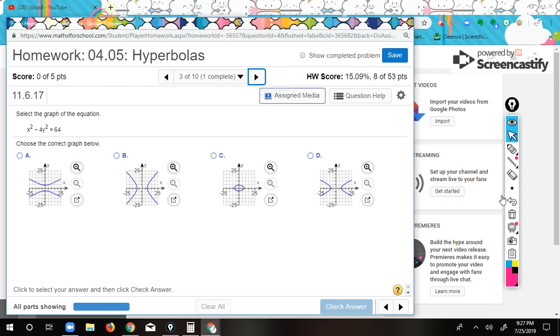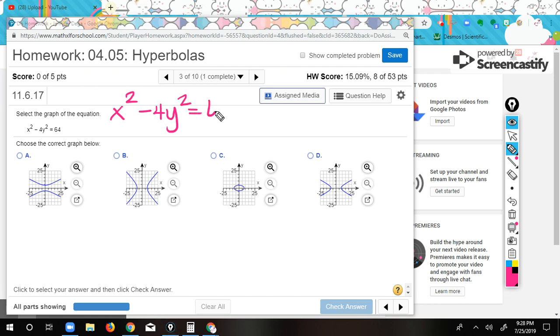All right, same deal. We're going to see the graph of this equation. Now, I'm just going to put it in Desmos because I feel like that would be way quicker. What we could do is divide everything by that 64, and that would help us figure out 4 over 64.